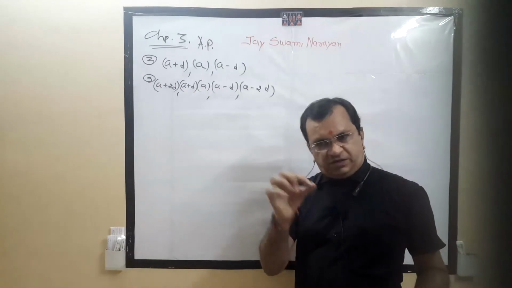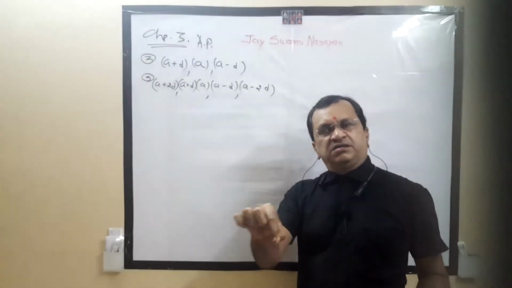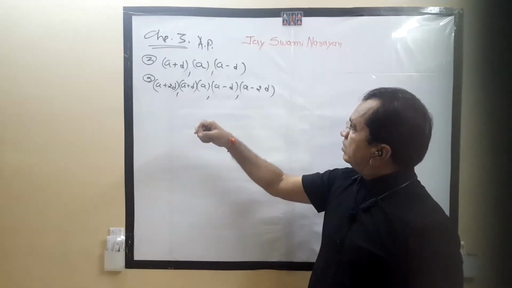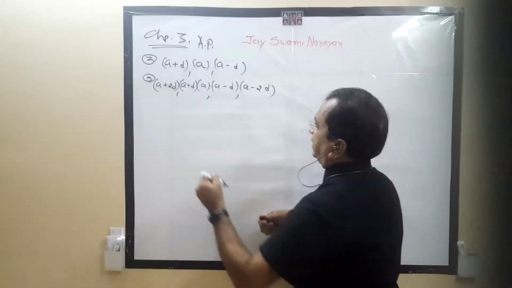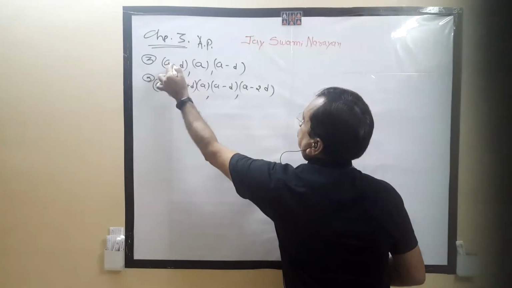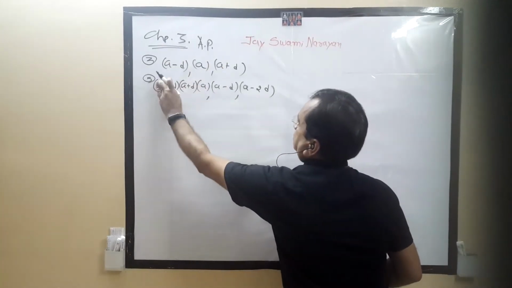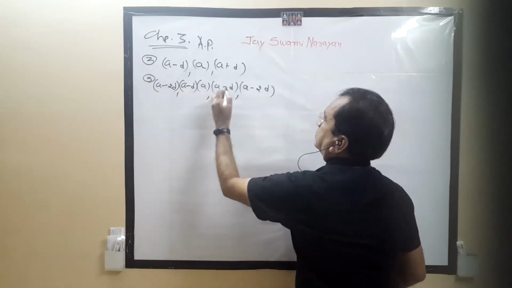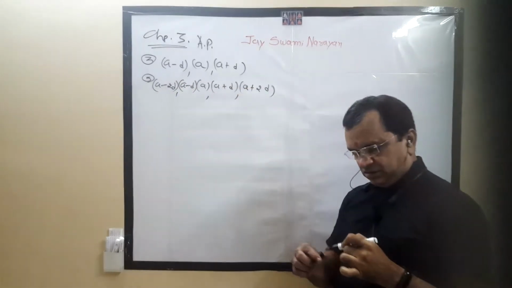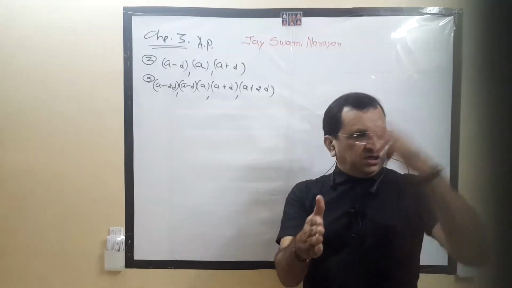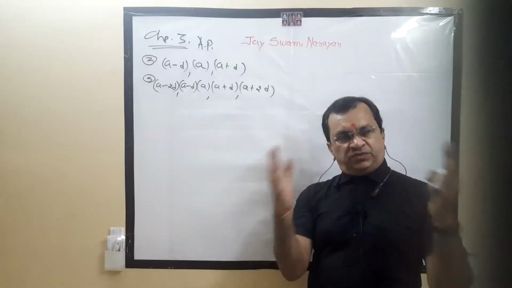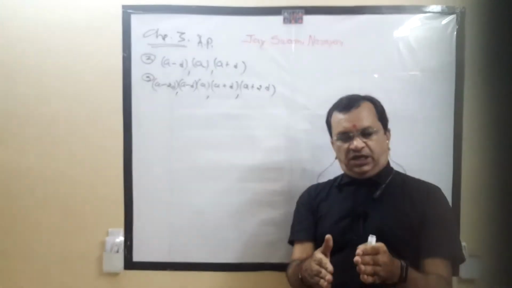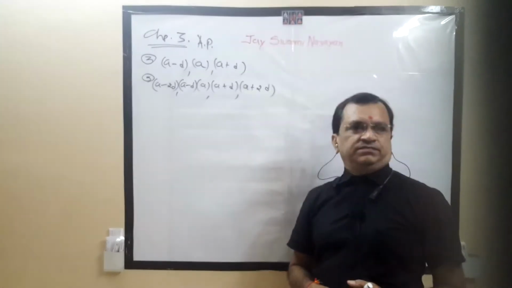For 3 numbers, the middle number is A, with A minus D and A plus D. Or on this side you can take minus; both are correct. For 5 numbers, A plus D, A plus 2D, A minus D, A minus 2D.